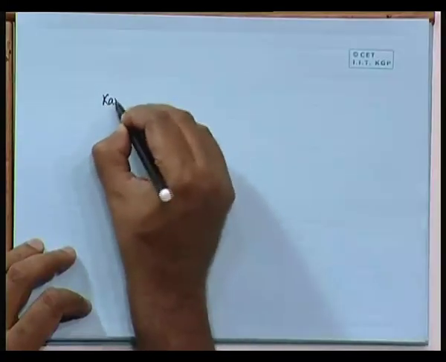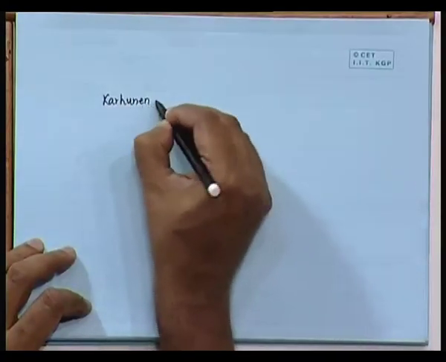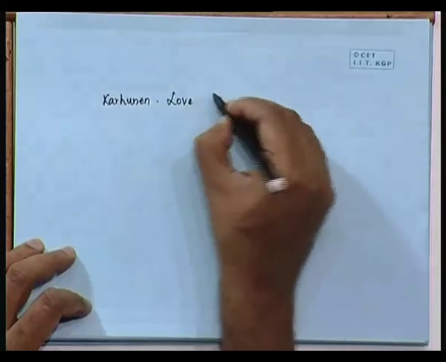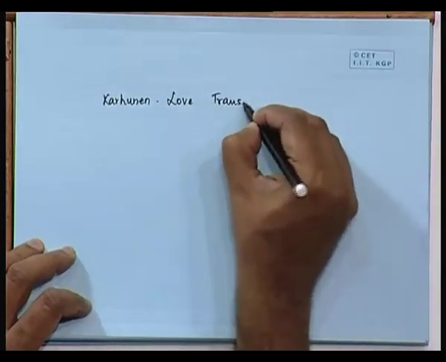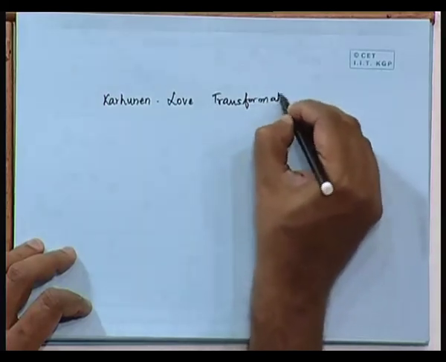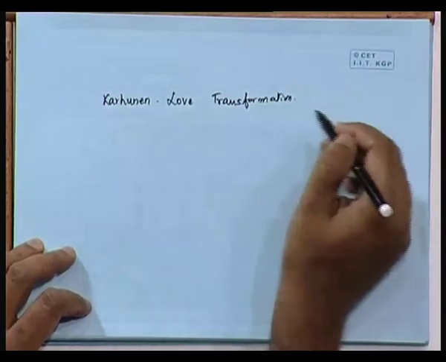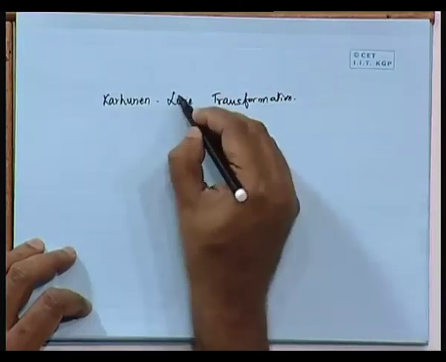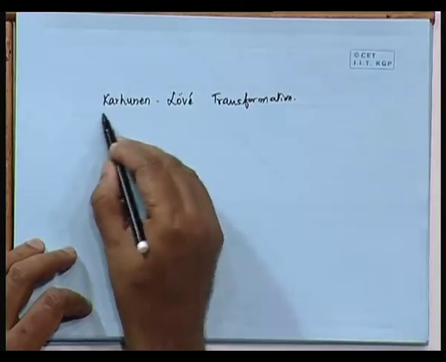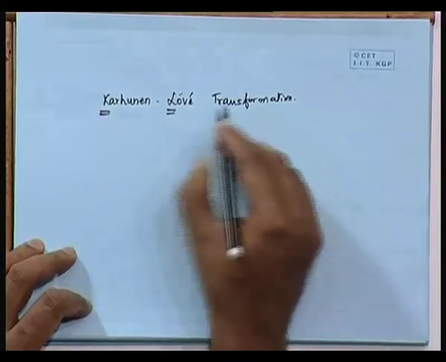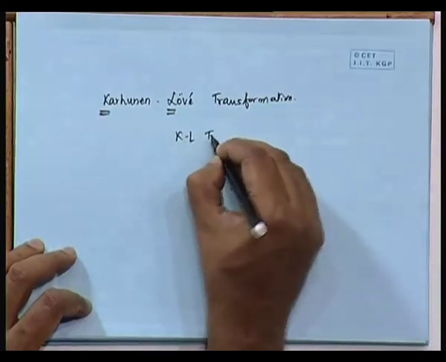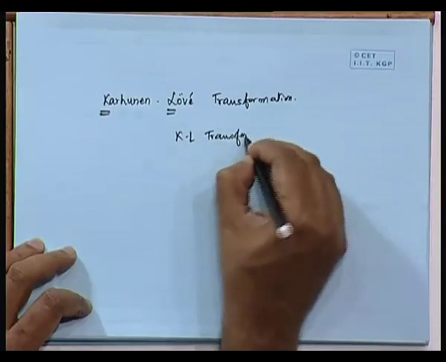In the signal processing community, this approach of principal component analysis is very often referred to as the Karhunen-Loeve transformation. People do not use the long names of Karhunen and Loeve; they use K and L, and simply call it the KL transformation.